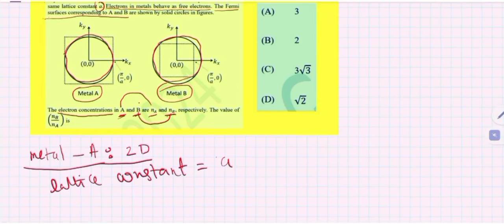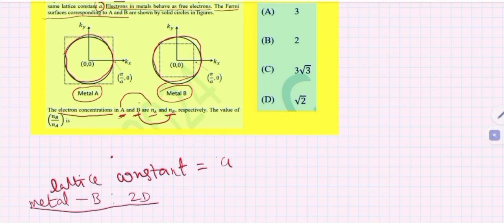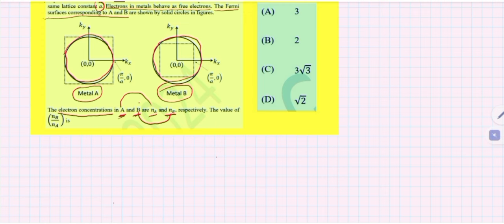So again, metal B is also in two dimensions, and the lattice constant is A. Let us write it this way: the lattice constant for metal A, which we know already.